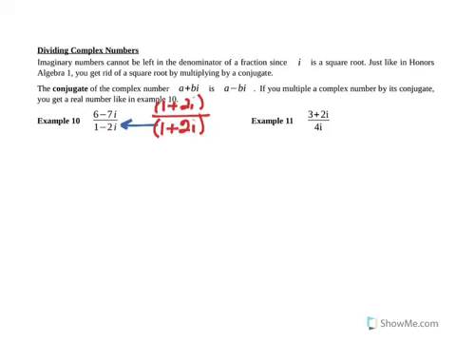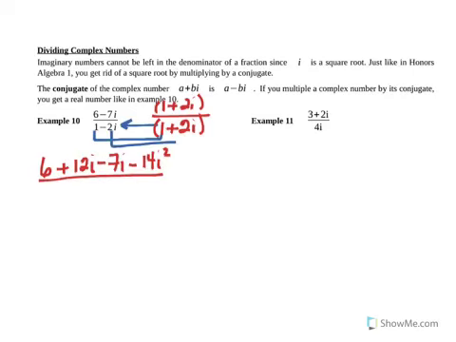Okay, so let's take a look at what this would be like. In the top, I'm going to FOIL this out. I'm going to get 6 plus 12i minus 7i minus 14i squared. In the denominator, I'm going to do a lot less work because all I have to do are first and last.